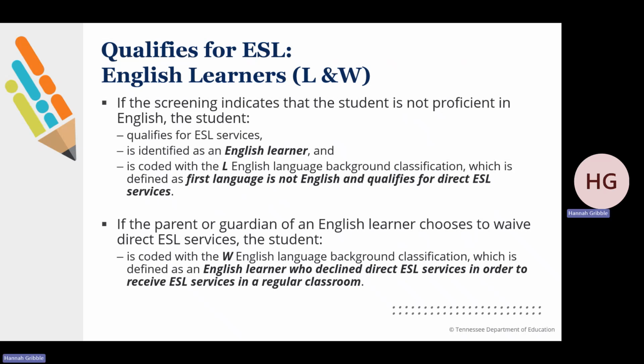If the parent or guardian of an English learner chooses to waive direct ESL services, the student is coded with the W English language background classification, which is defined as English learner who declined direct ESL services in order to receive ESL services in a regular classroom.